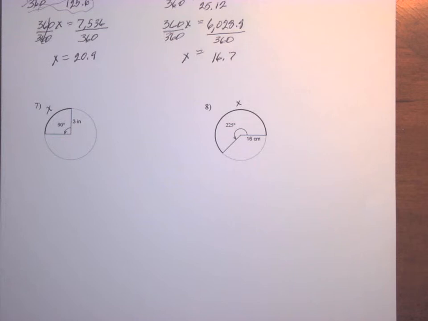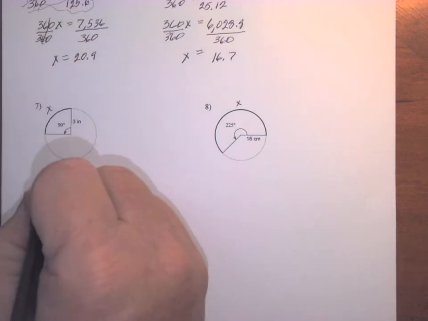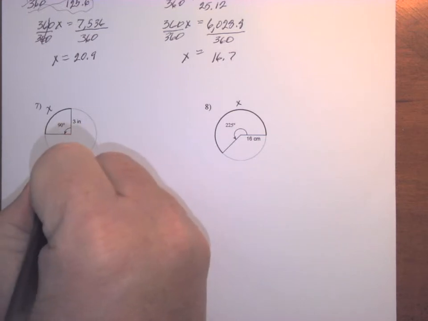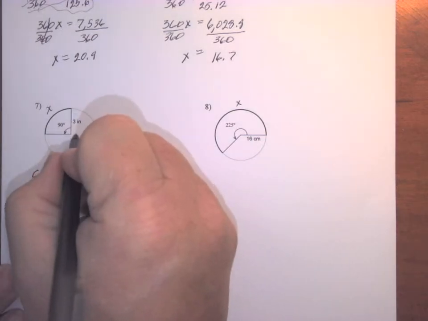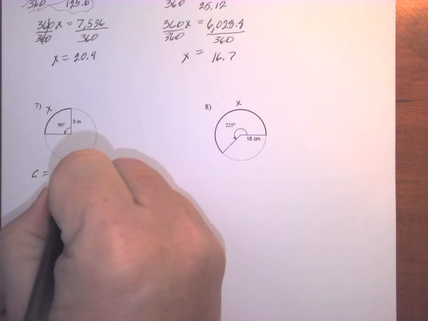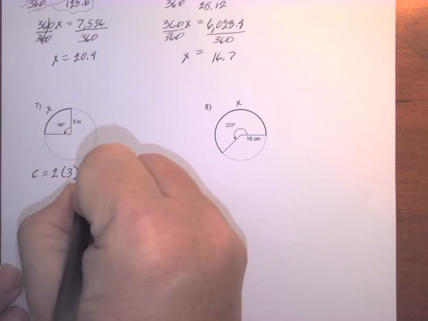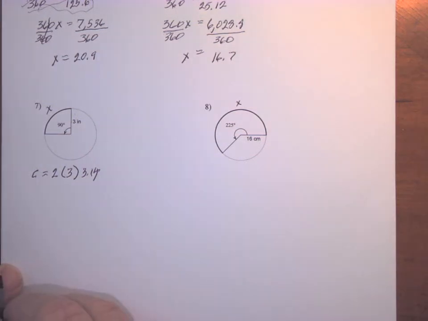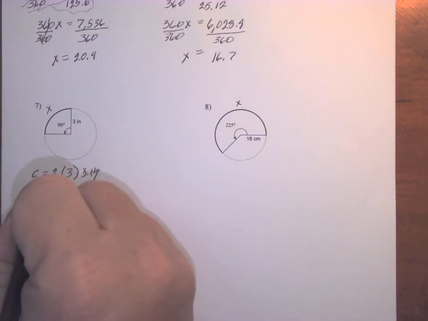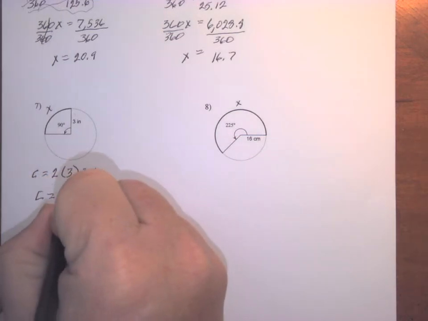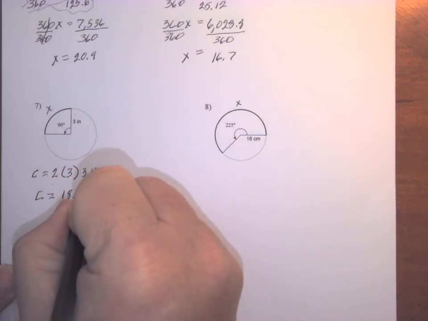If we're looking at number 7, we have to calculate the circumference. And we know that the circumference is equal to 2 times the radius, which is 3, times pi, which is 3.14. And so we have 6 times 3.14, and the circumference is equal to 18.84.